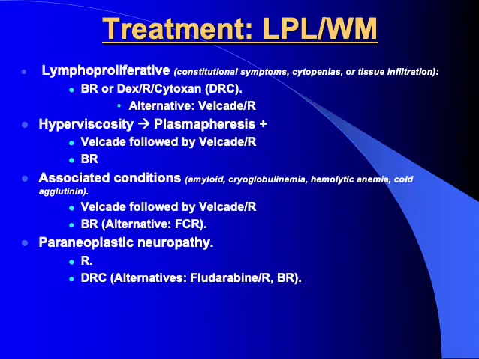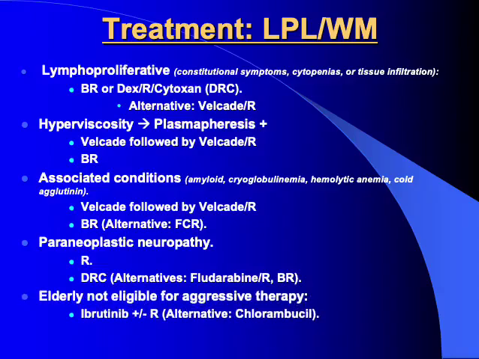Paraneoplastic neuropathy associated with Waldenstrom macroglobulinemia is treated with immune therapy, rituximab, or chemotherapy. Elderly patients not eligible for aggressive cytotoxic drugs are treated with a non-chemotherapy drug, ibrutinib oral therapy, and rituximab, or even without rituximab, just single agent.